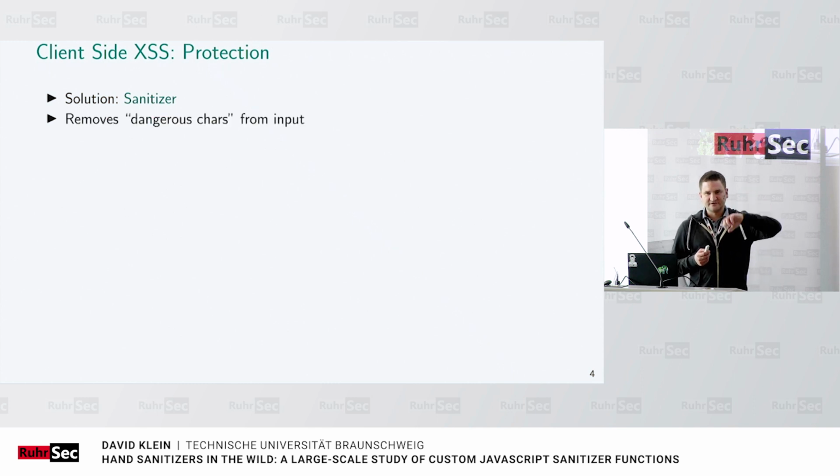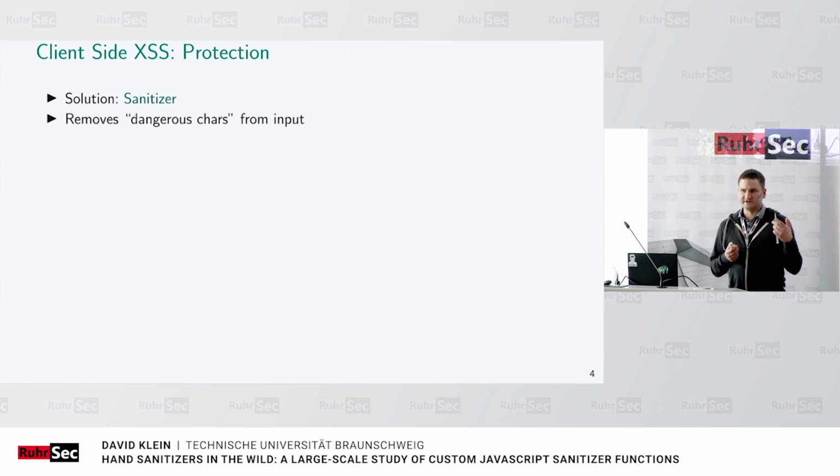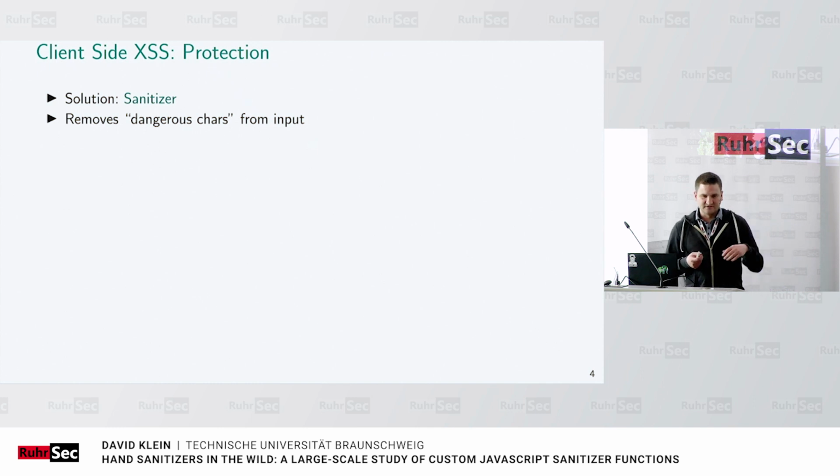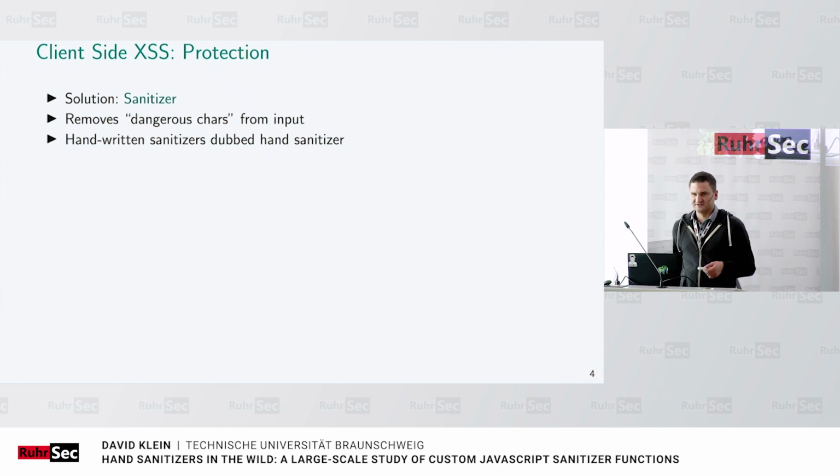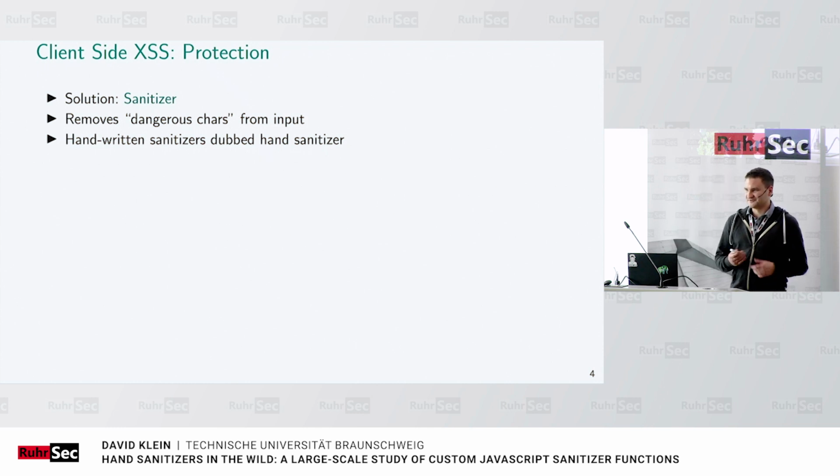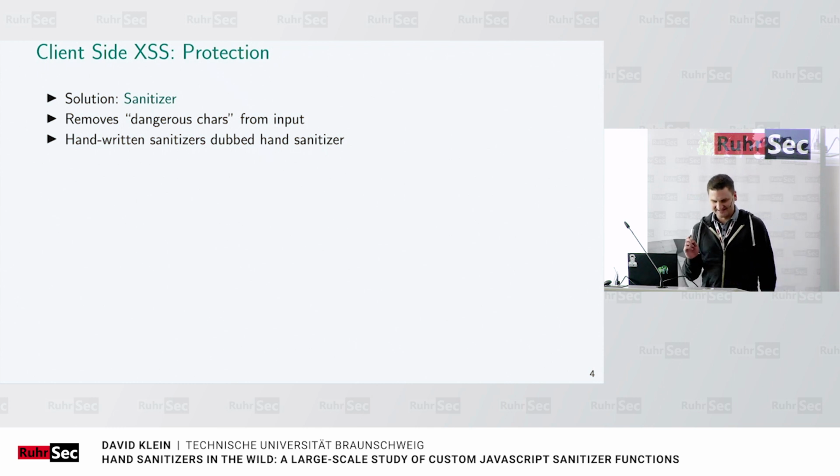A sanitizer is a function which takes untrusted input and removes or encodes all dangerous characters from it: user input gets in, and a clean string comes out. For this project, handwritten sanitizer functions were dubbed hand sanitizers. It was a bit more funny in 2020 when we started this project, and has gotten a bit tired now.